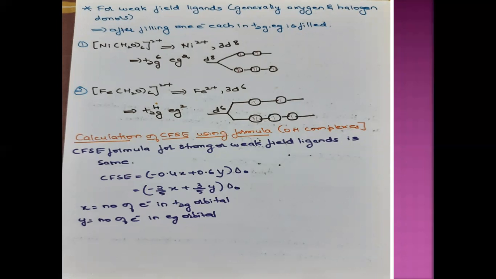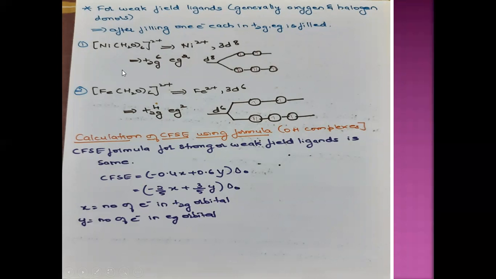You may ask me, what is the necessity of splitting and writing the configuration? Because to calculate the CFSE, the crystal field stabilization energy, the formula is given by minus 0.4x plus 0.6y delta naught, where x stands for the number of electrons in the T2G orbitals and y stands for the number of electrons in the Eg orbitals.